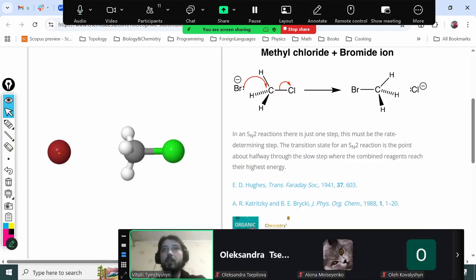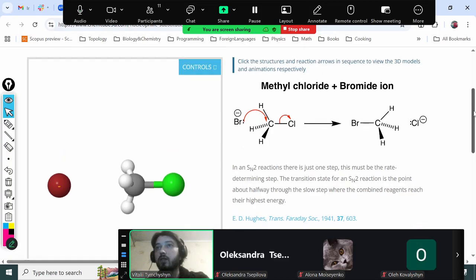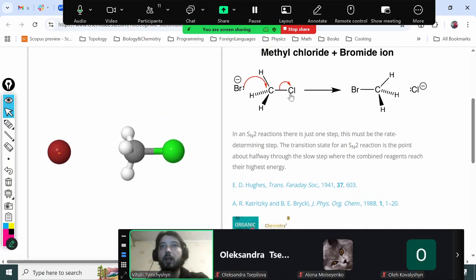Okay, so here you see a reaction. This is a bromine anion, and here you see methyl chloride. What happens here? Chlorine will leave and it will be substituted by the bromine. But what should bromine do?